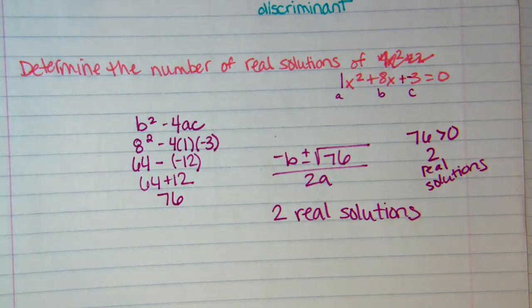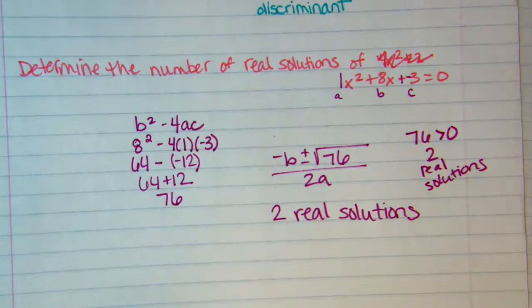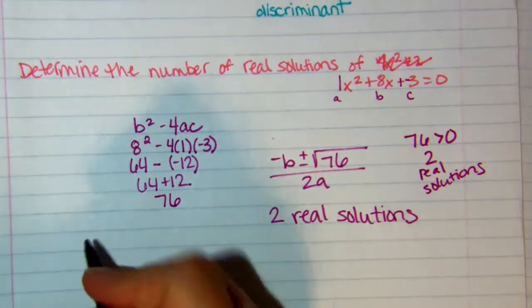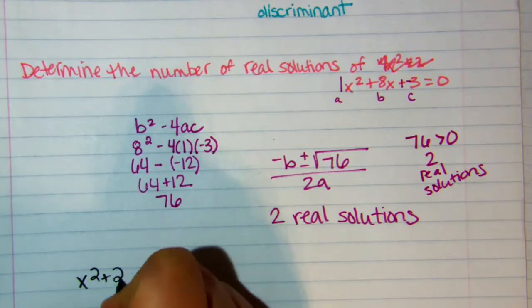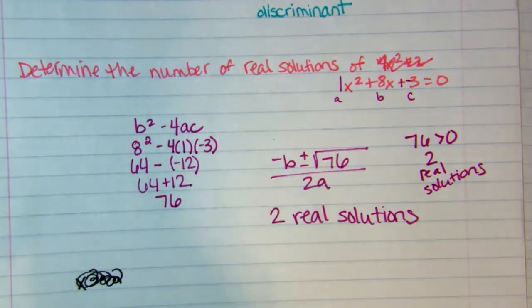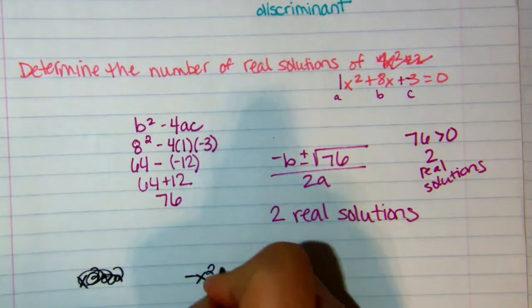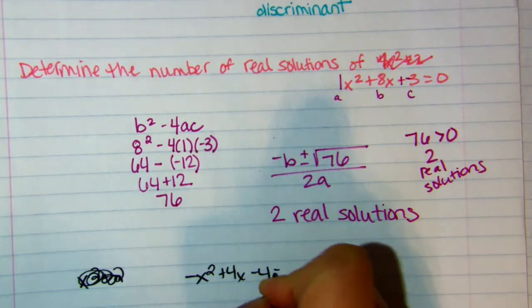If we do all of that work and we get 0 under there, let's find an example: negative x squared plus 4x minus 4 equals 0.